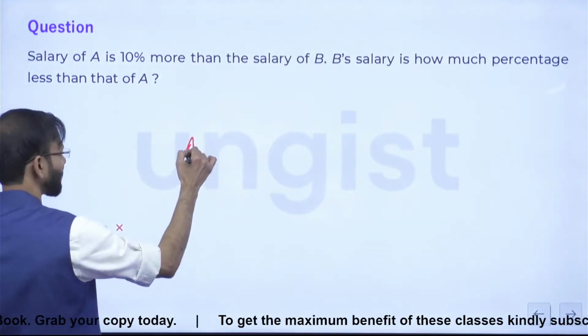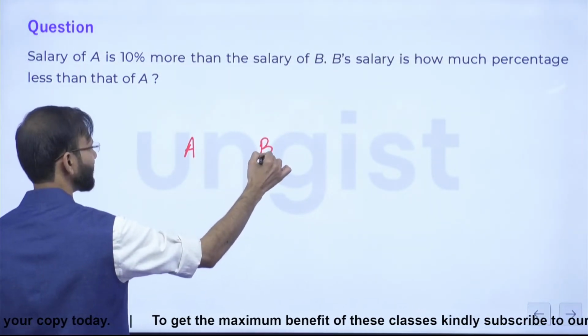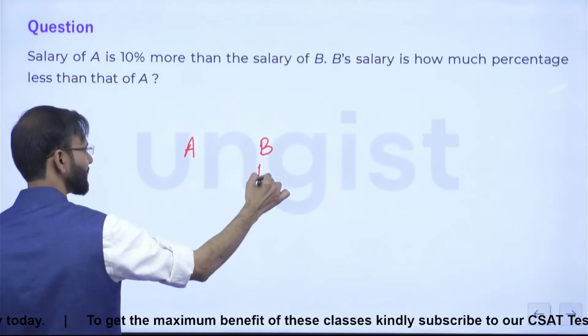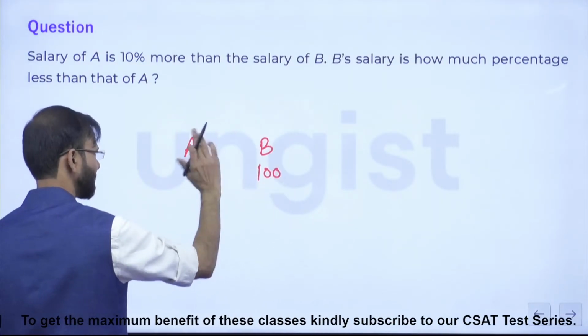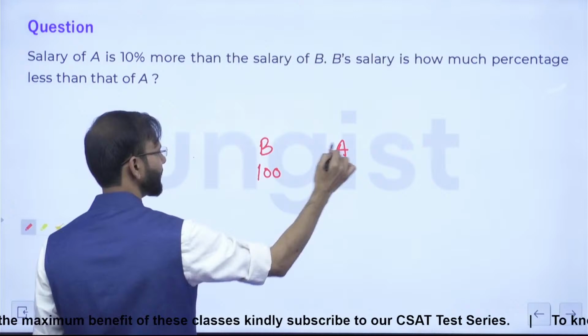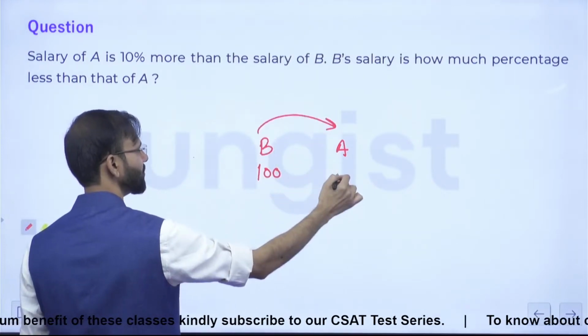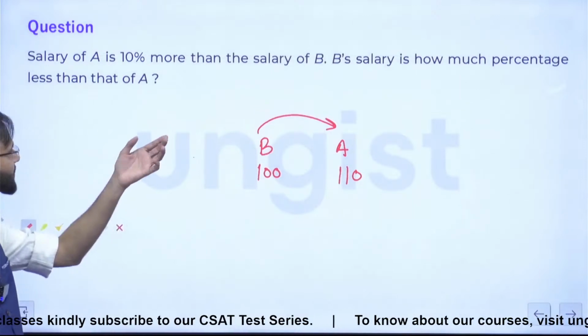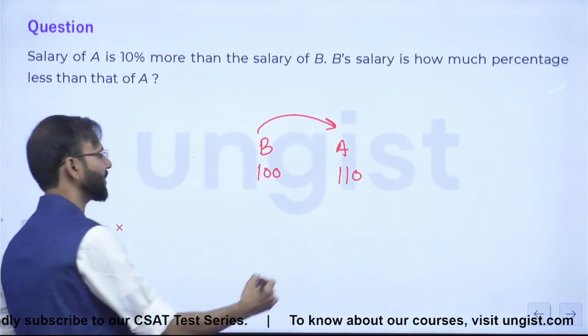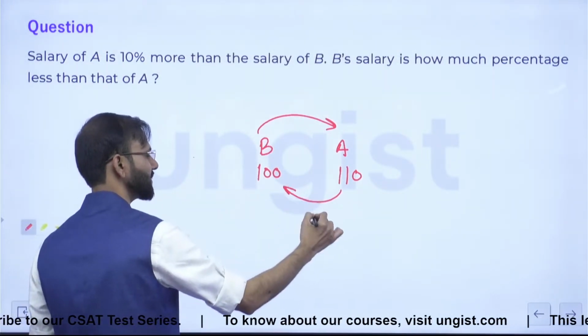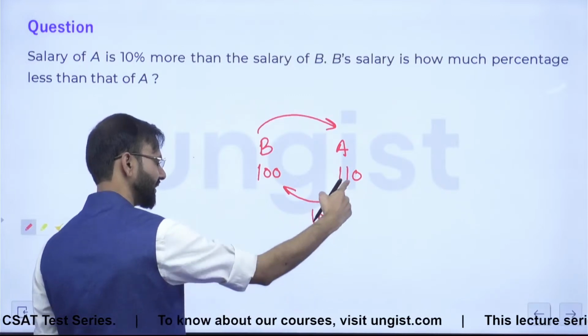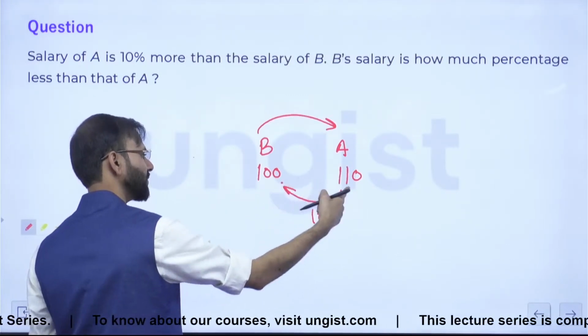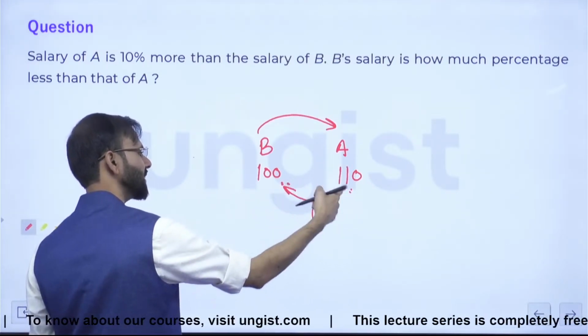Salary of A is 10% more than the salary of B. Guys, so assume the salary of B is 100, right? So salary of A is 10% more than this, which will be 110. Correct? Now the question is, B's salary is how much percentage less than that of A? See guys, this is 10 less than this. Question is B's salary, I mean this value, is what percentage less than this value?